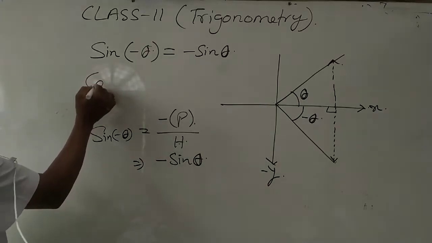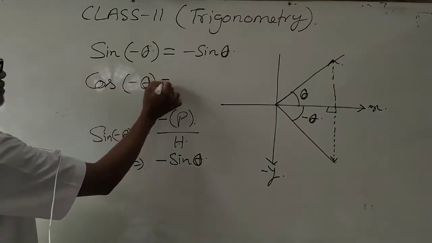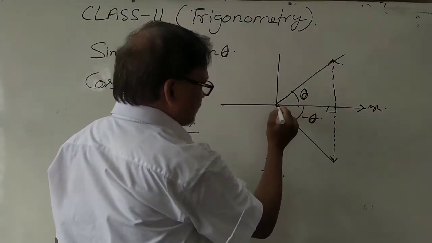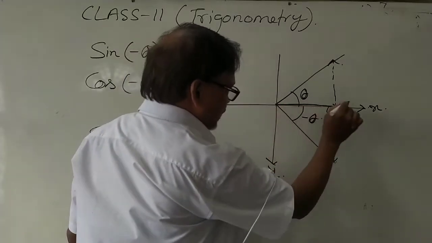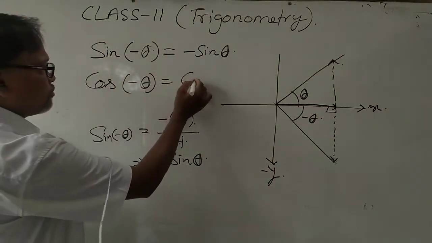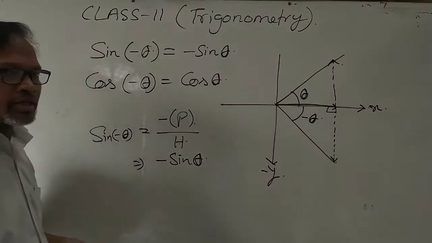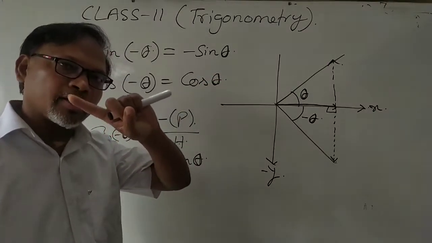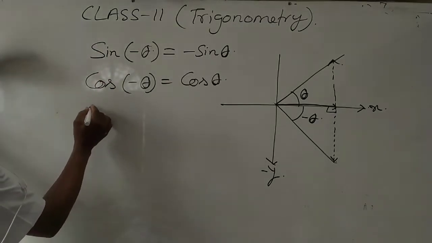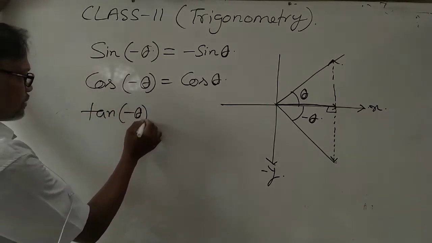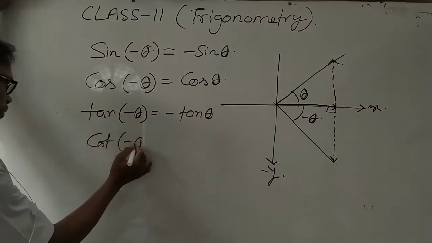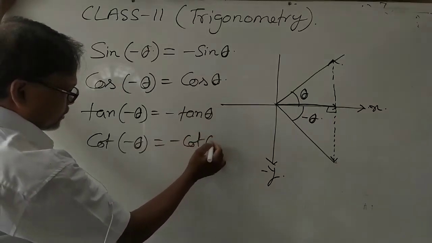But for cos, as you know, this is base upon hypotenuse, and in this case the base is this positive x, hypotenuse always positive, so this upon this means positive, equal to cos theta. Where you get the perpendicular, in that case you will get negative, otherwise positive. So similarly, tan of minus theta is minus tan theta, cot of minus theta is minus cot theta, because you are getting the perpendicular.